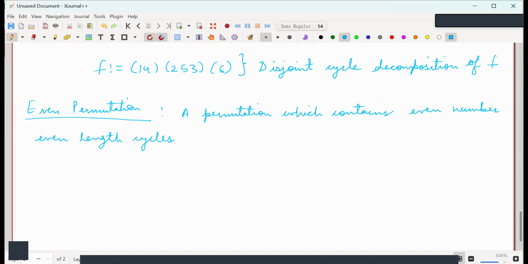I will be denoting disjoint cycle decomposition by DCD, as I don't want to write it again. So an even permutation is a permutation which contains an even number of even length cycles in its DCD.